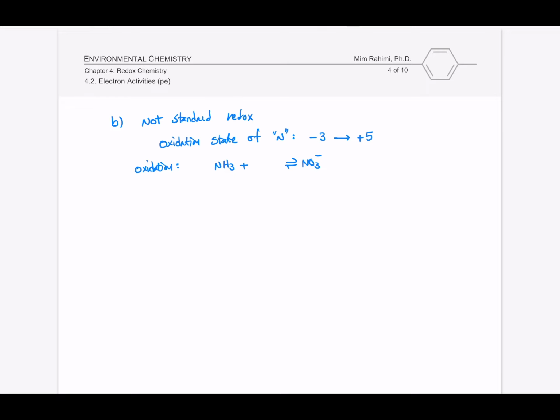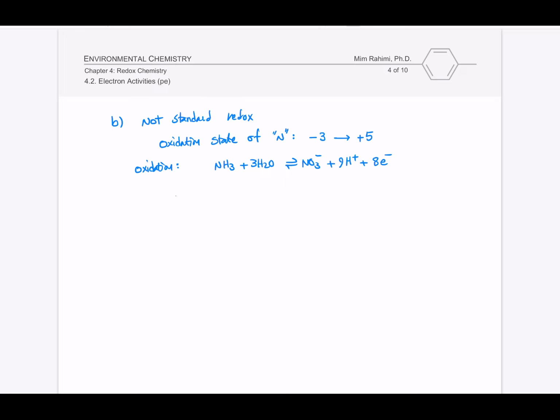And when we balance this reaction, this would be 3 water, and on the other side, this would be 9H plus 8 electron. But obviously, we don't have any information about this specific reaction, so we need to write it in the standard notation.